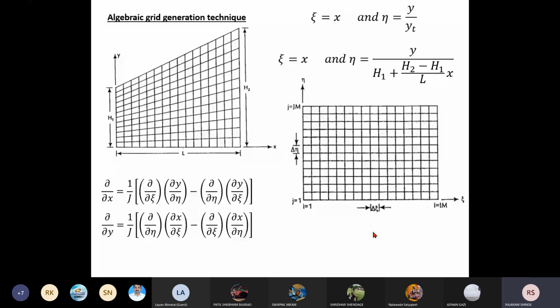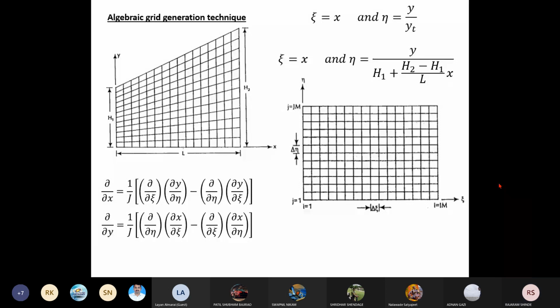Here we can generate the grids at very high speed. We are using simple algebraic equations to relate the grid points in the computational plane and those in the physical plane.